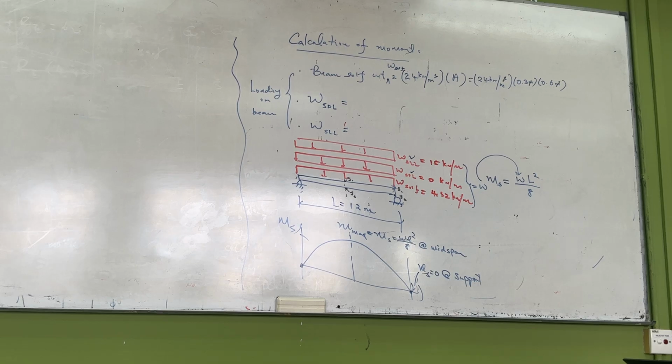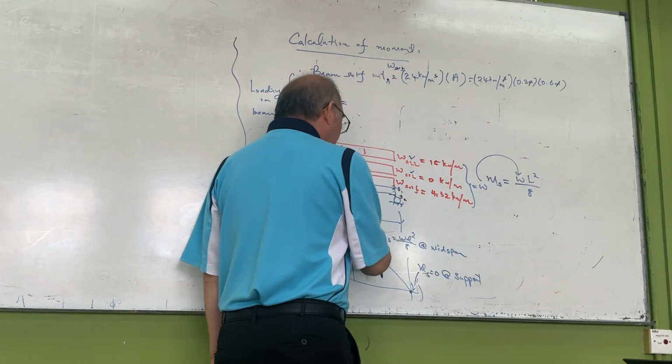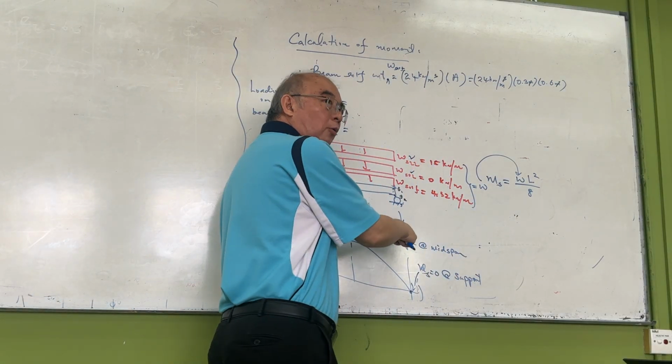At the transfer stage, you use P initial to calculate. Use P initial, and then for your moment, this MS, WL squared over 8, is the total, right?